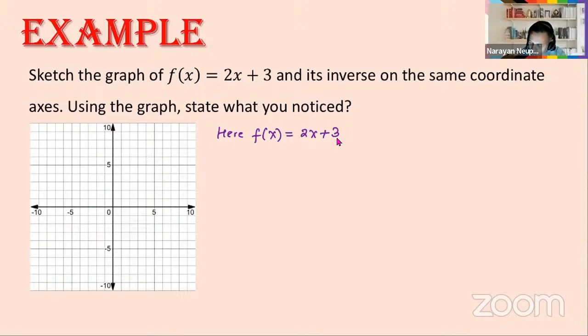For this function, the slope, which is rise over run, is equal to 2, meaning 2 over 1. You go 2 units up, that's your rise, and then the run is 1: 1 unit to the right.